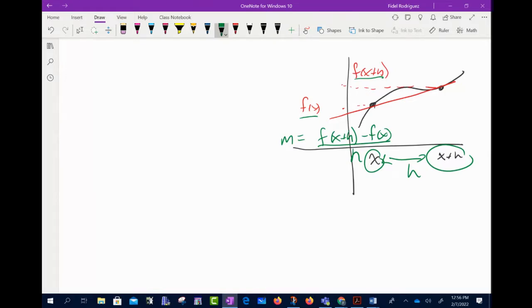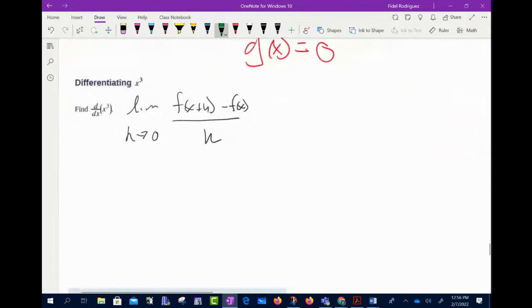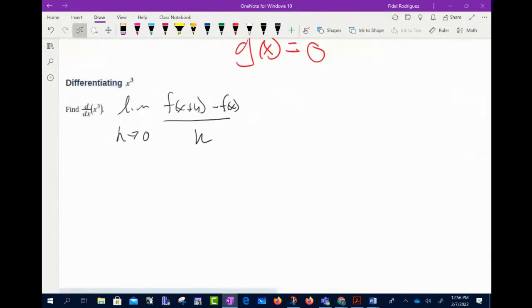So that difference quotient gives me the slope of the secant line. But if we make h really small, it's like that point is on a track moving this way, and h is getting smaller. Then we start to get the tangent line. That's the concept behind it, and we're going to apply it to our problem here.